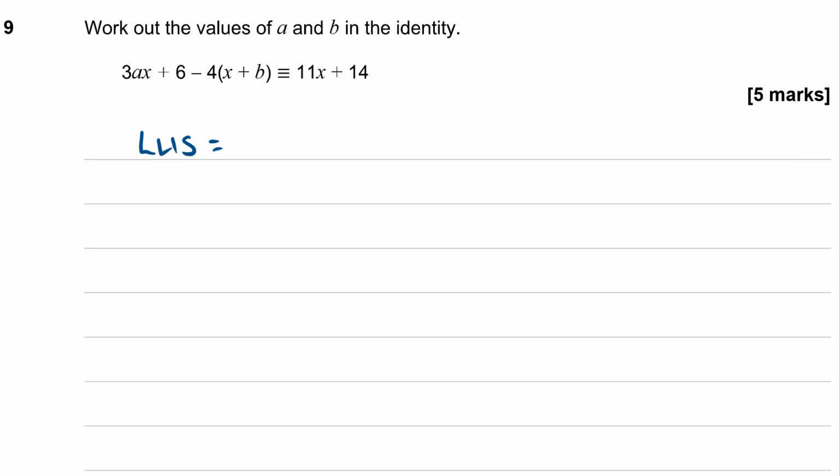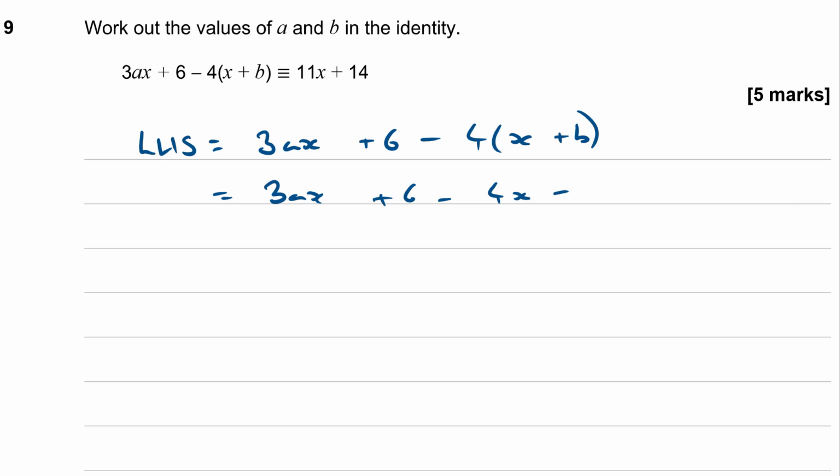So the left-hand side is 3ax plus 6 minus 4 lots of x plus b. Now removing the brackets, I'm going to get minus 4x minus 4b. I want to collect the like terms together.